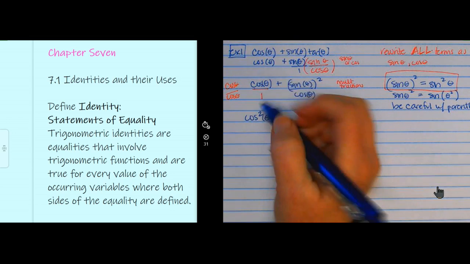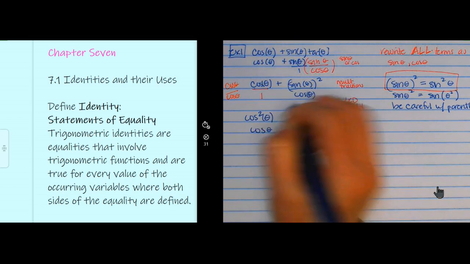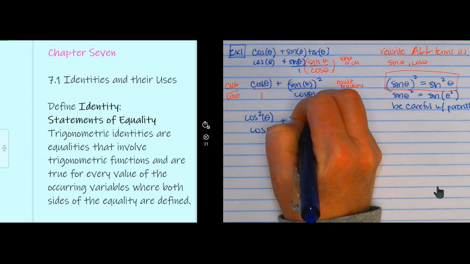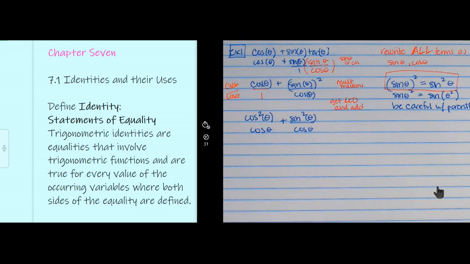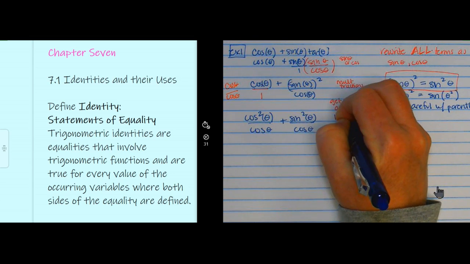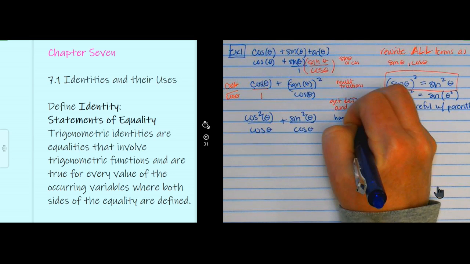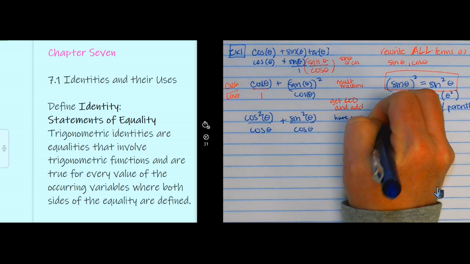I've got cosine on the bottom. And I have plus sine squared theta over here over cosine of theta. I did not need to write that step out necessarily, but I wanted you to see it, especially in this first example. Now I have a common denominator, so I can add.